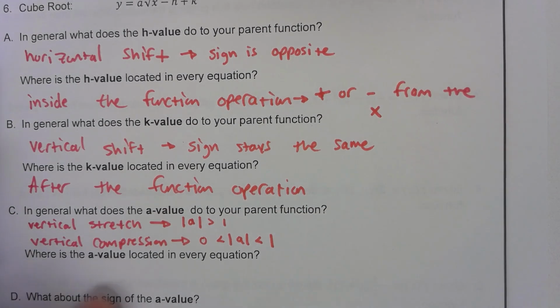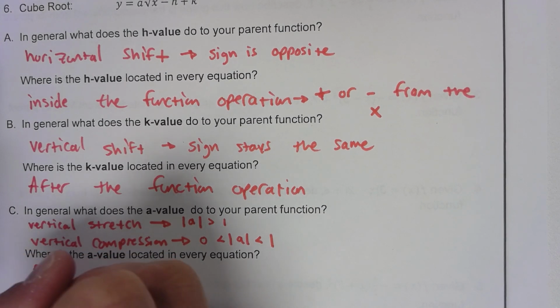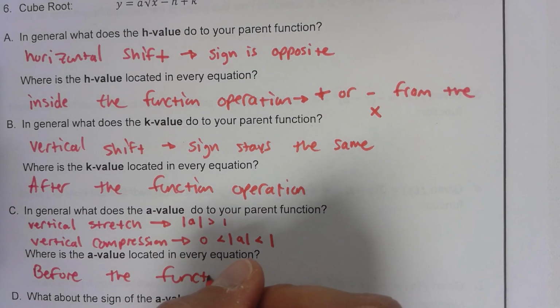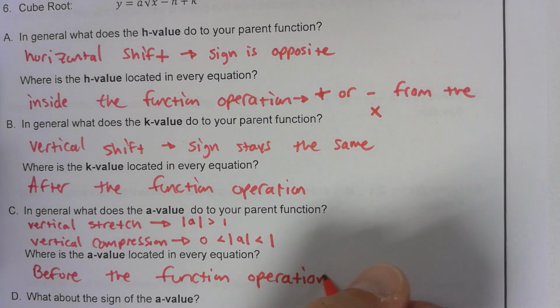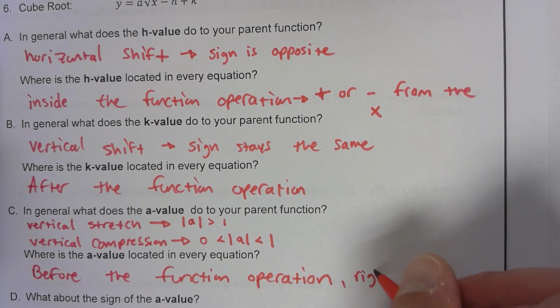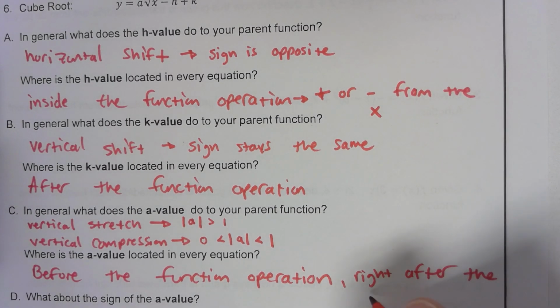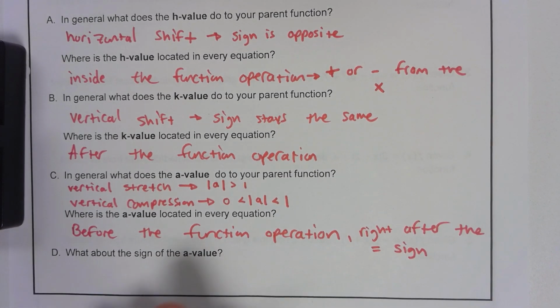All right, the a value is located before the function operation. You could also say that it's right after the equal sign. So before the function operation or right after the equal sign.